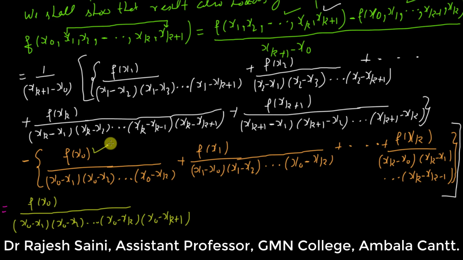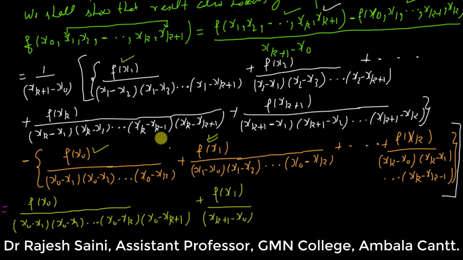First is done. Now next we will do it for f of x1. I am going to collect this term and this term. Now collect these two terms. F of x1 is common. So this will also be divided by xk plus 1 minus x naught.